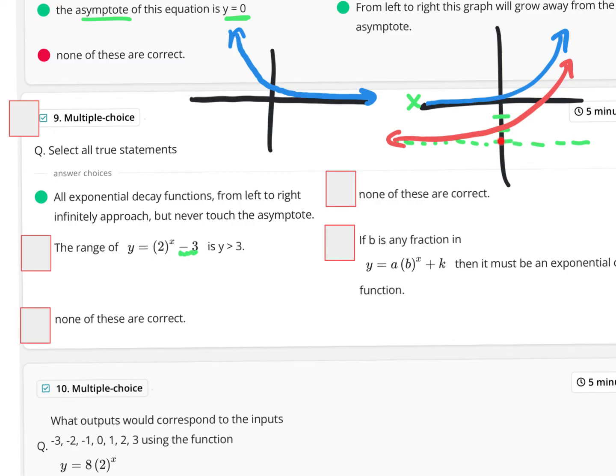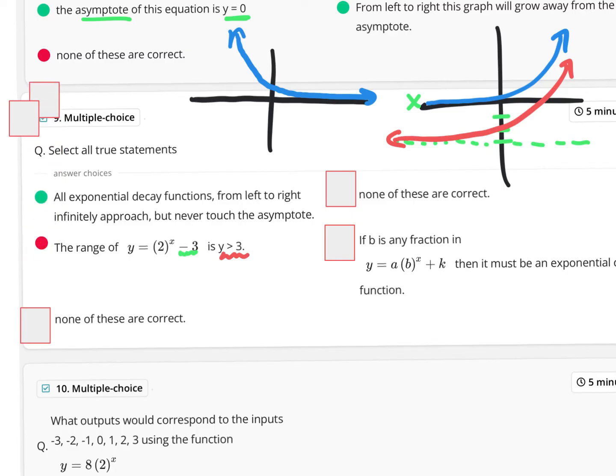Actually, it never even touches -3. It gets infinitely close to -3, but never actually touches -3. So where's this graph at in terms of up and down, in terms of y? You're going to say this graph is at y is greater than -3. So this is false because it says y is greater than +3, but it should have been y is greater than -3. So this makes it false, and that's why this is not a true statement.